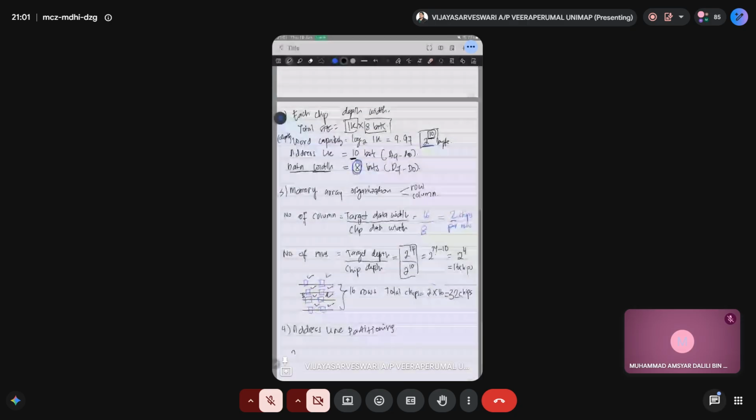We have 2 power of 14 for the total memory, and your chip size is 2 power of 10. So how many is the balance? The balance will be 4.